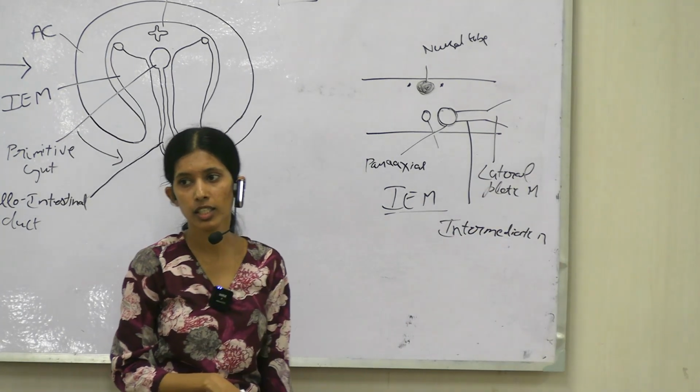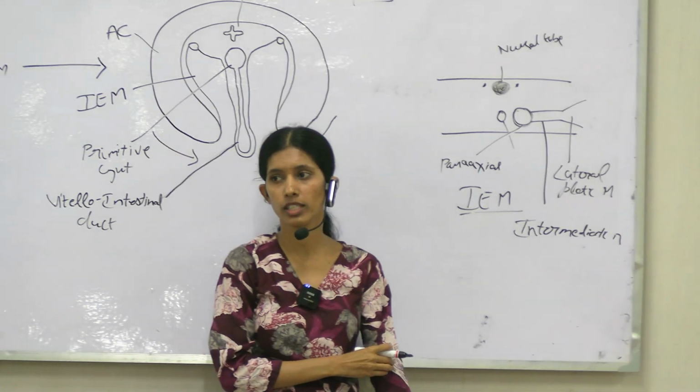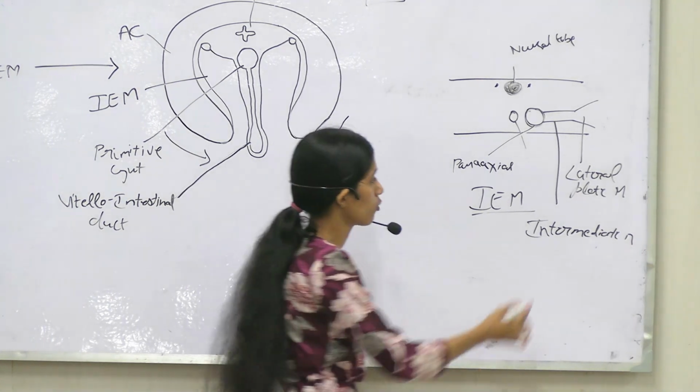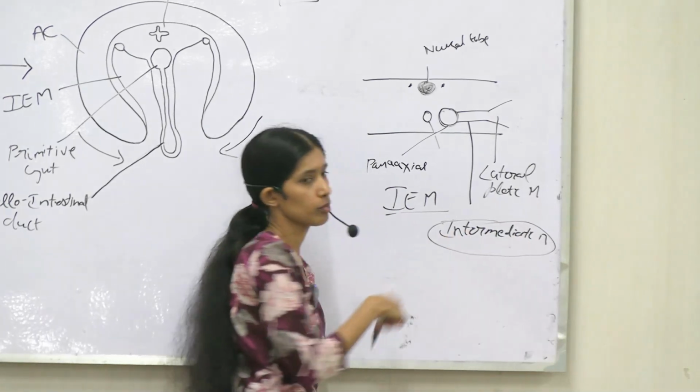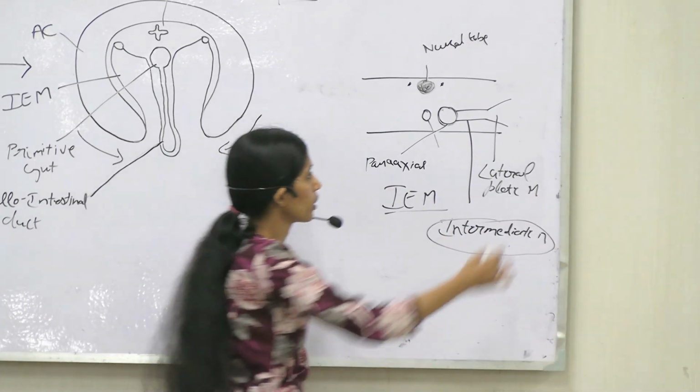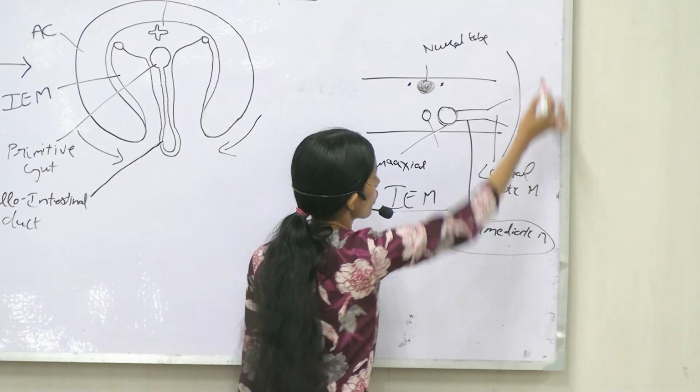Okay, these are the three parts which we can see in the intraembryonic mesoderm. From the intermediate mesoderm, your urogenital system will develop. Remember this point. Next to this, what we have?